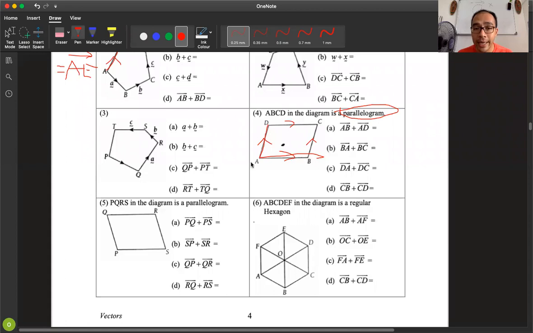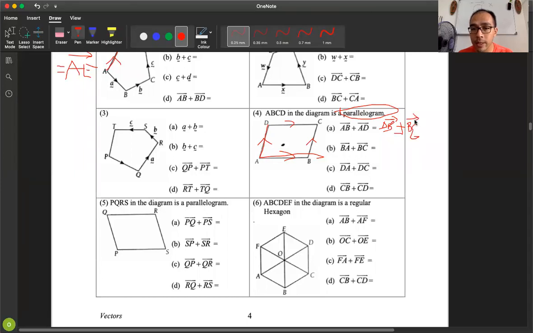Therefore, vector AB and vector AD, I can rewrite this as vector AB plus, look, vector AD and vector BC are not just parallel, they are also equal. So I can represent vector AD as vector BC.